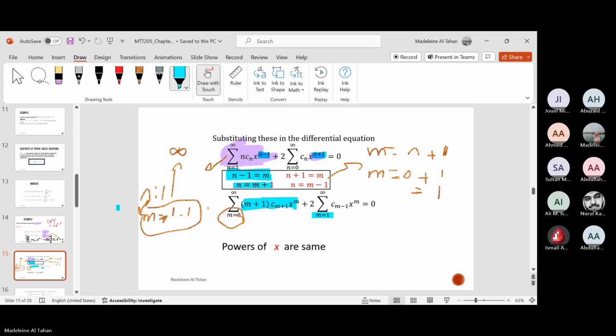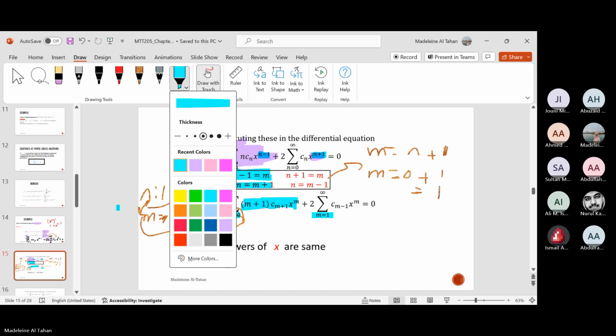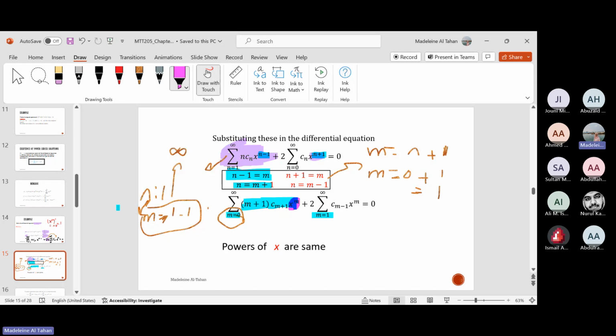Yes. Okay, miss. Now, both of them have the same power, but where's our problem? The same power is solved. Different starting points. Now, this one is m equals 0, so it is at 0 plus starting from 1, right?